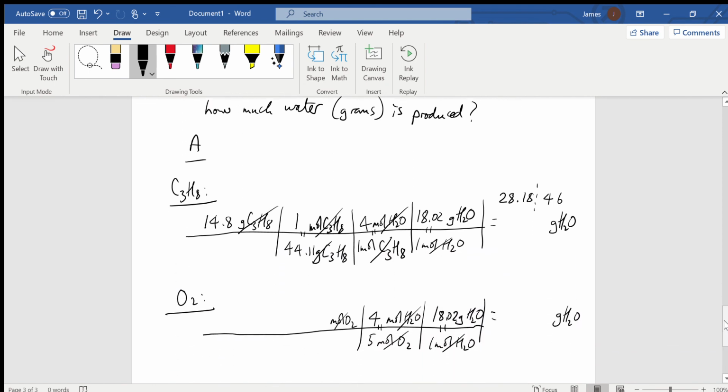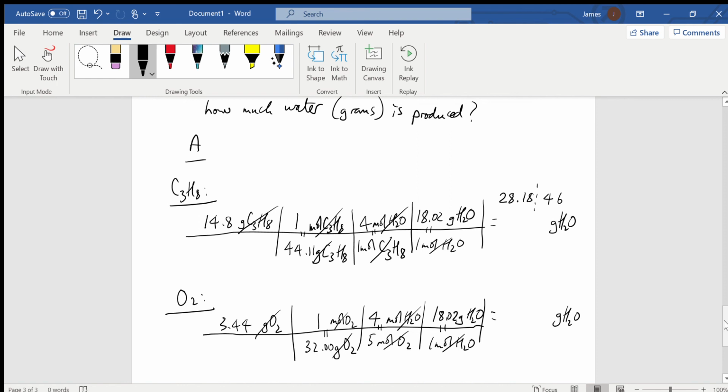Okay. I know from the periodic table the mass of 2 oxygens. That is 32 grams of oxygen. And my input in this question was 3.44 grams of oxygen.